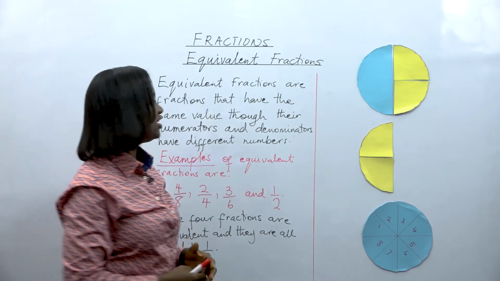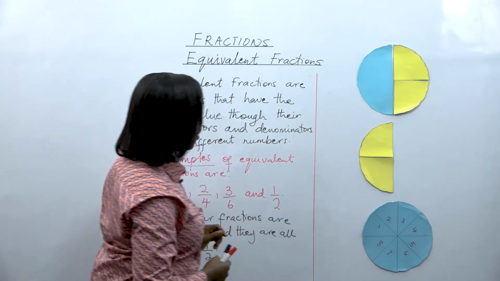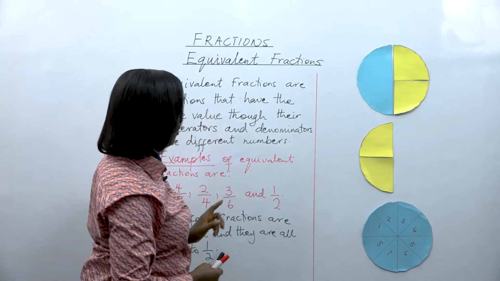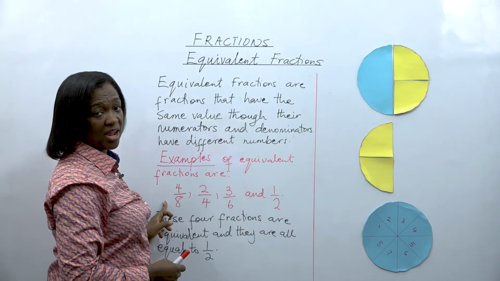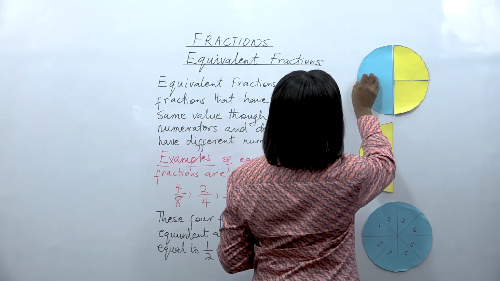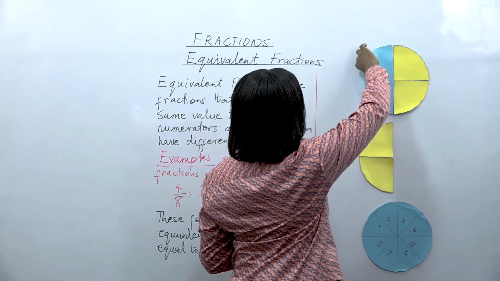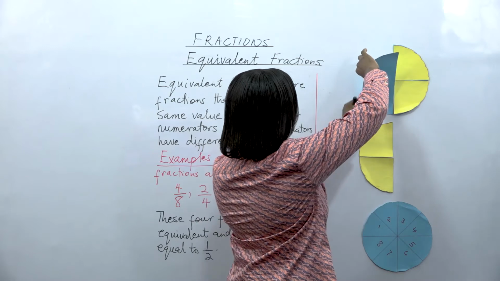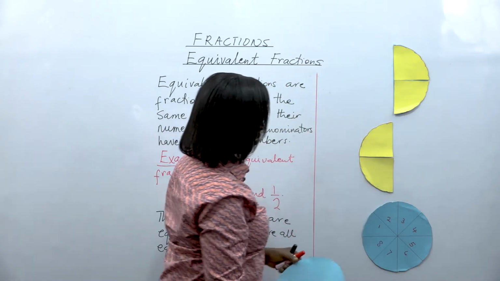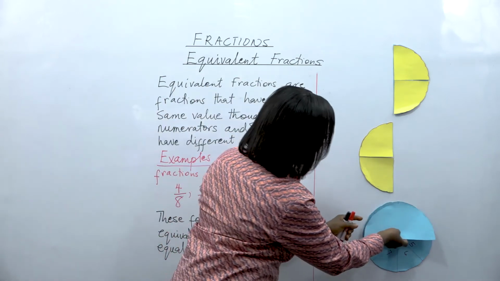So they are equivalent. And then let's show that 1/2 is equal to 4/8. So we take that half equal to 4/8.